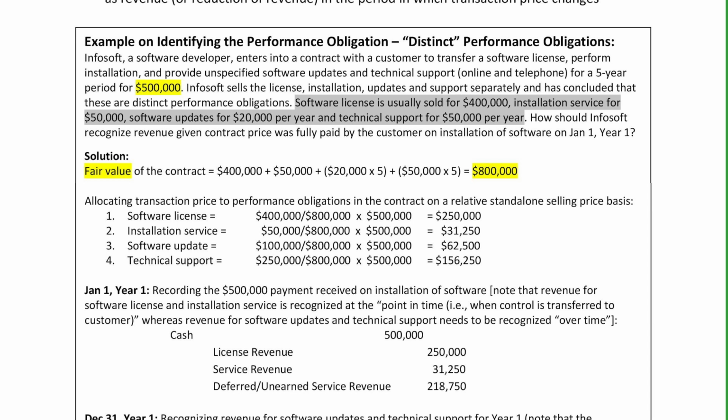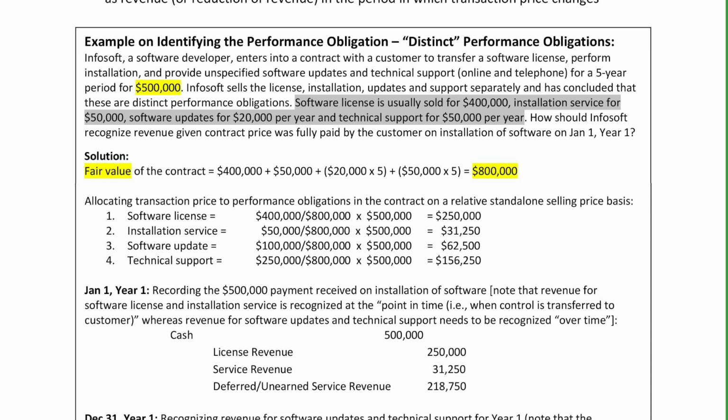Now, step number 4 is about allocating price to performance obligations, and we do that on a relative standalone selling price basis. So for the software license, the standalone selling price is $400,000. The fair value of the contract is $800,000. So we know that the software license is half the value of the contract, which is at $500,000.